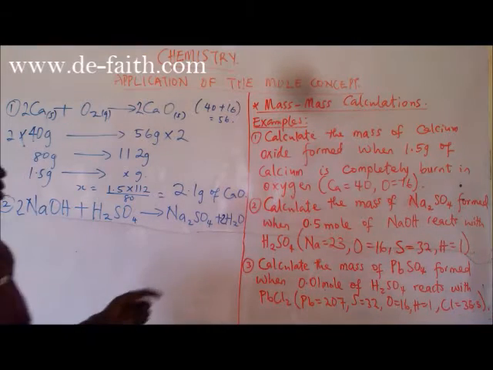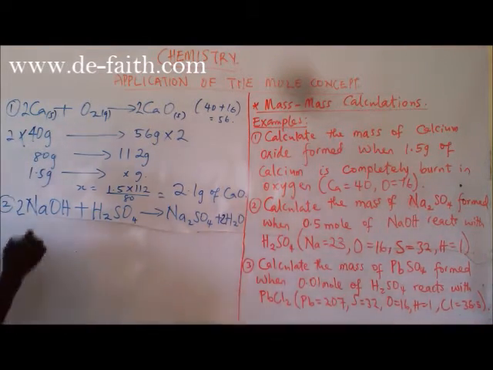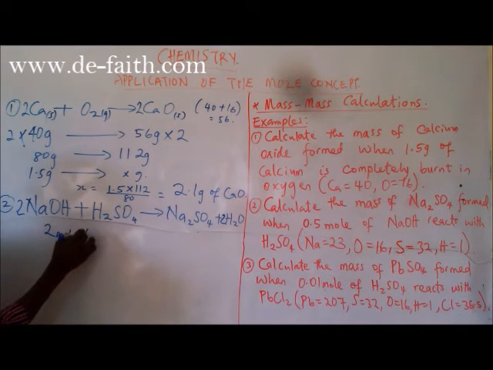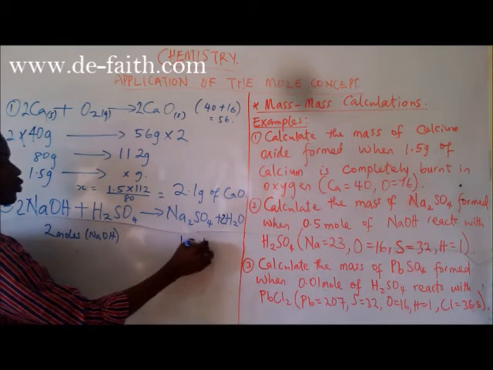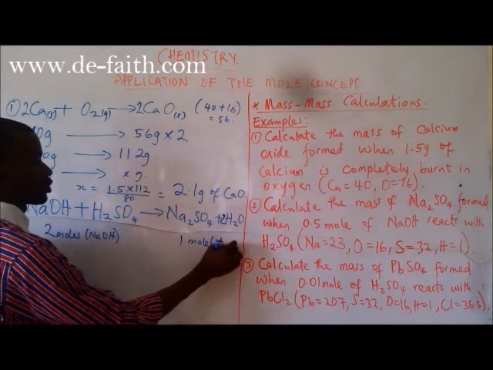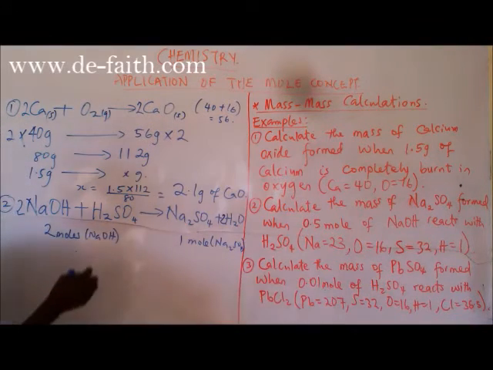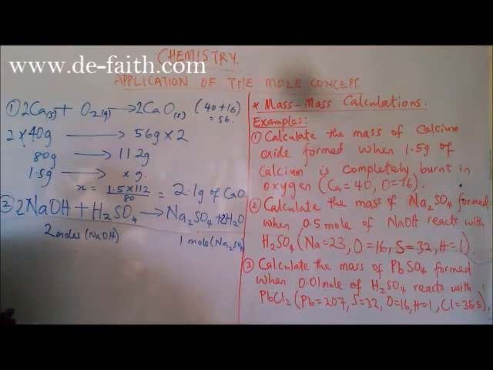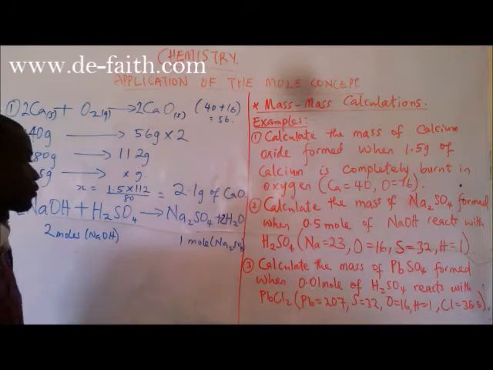We are relating the mass of this with sodium hydroxide. So let's take note that we have 2 moles of NaOH and we have 1 mole of Na2SO4. What is the mass of Na2SO4? We need to calculate the relative molecular mass of Na2SO4.